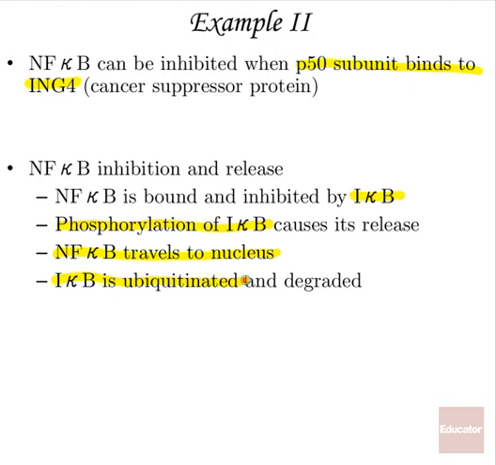So these are two separate examples of how NF-kappa B can be regulated. If it's inhibited, it can't affect transcription. If it is not inhibited and able to act in the nucleus, then it can be a regulatory protein.